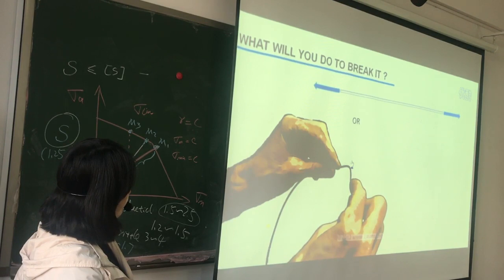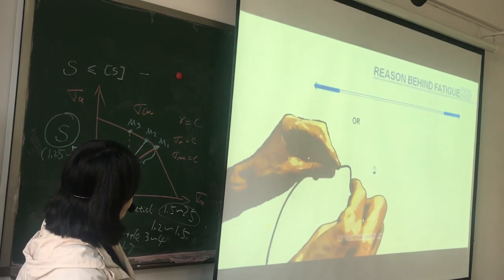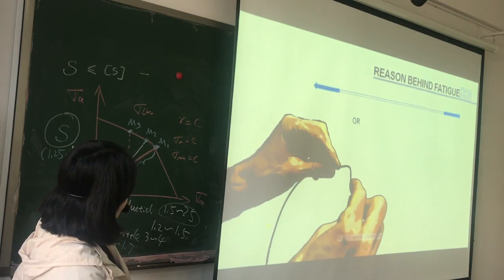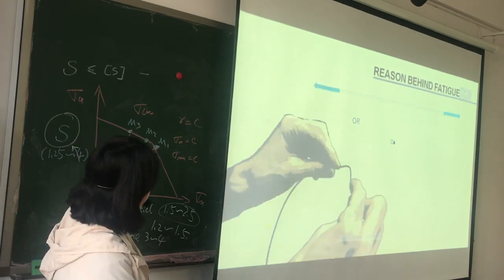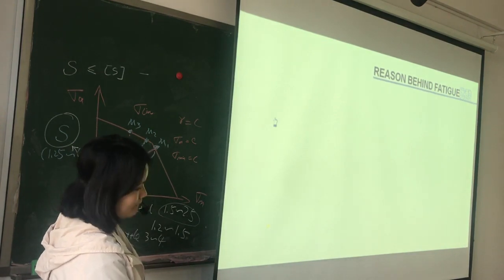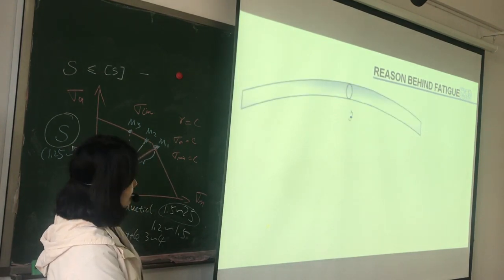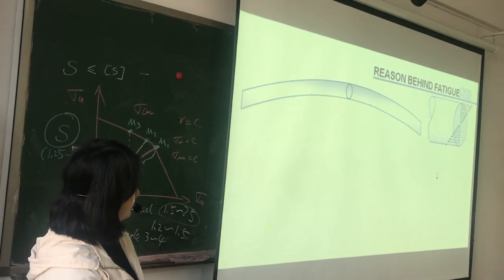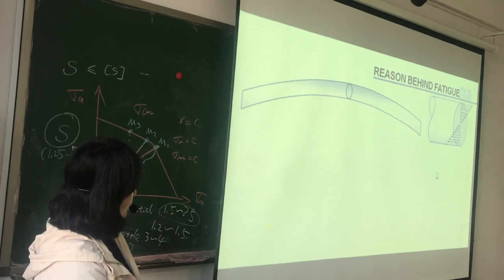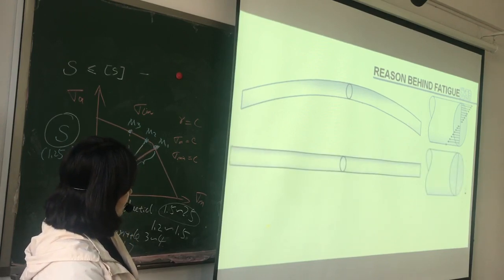So how does a material fail due to fatigue? To get the answer to this question, let us have a close look at the stress variation in the wire cross-section. When you bend it downwards, bending stress is induced in the wire. It will be tension at the top area and compression at the bottom area. When the wire is at equilibrium, there will not be any stress on the wire cross-section.